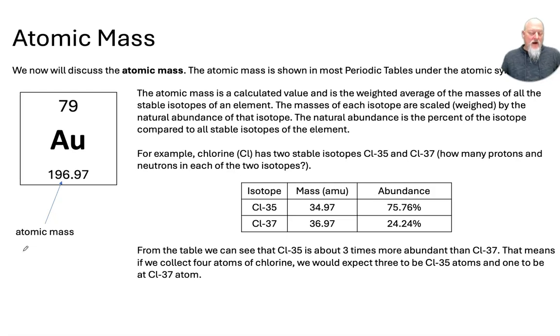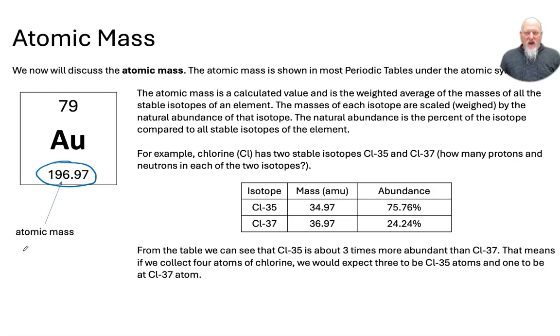The other thing that's on these blocks of elements is that decimal number on the bottom, and that's the atomic mass. It's not atomic number, it's not mass number. Those are whole numbers, those are counting numbers. It's the atomic mass.